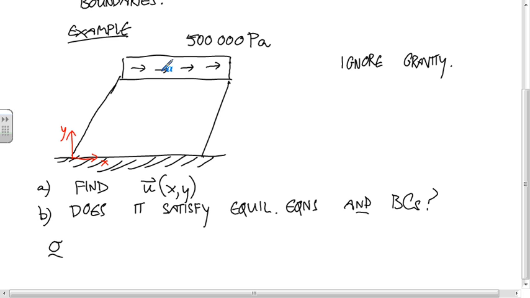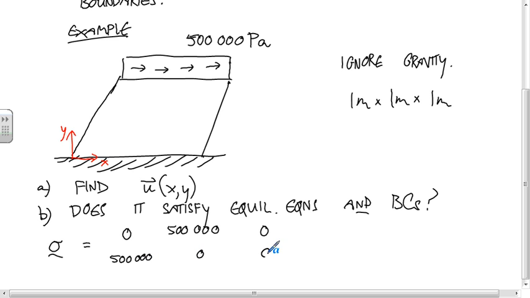So we know that's the same as the xy stress. There are no tensions or compressions. I didn't give the dimensions, but 1 meter by 1 meter by 1 meter. And so the stress tensor for this is 0, 500,000, 0, 500,000, 0, 0, 0, 0, 0.